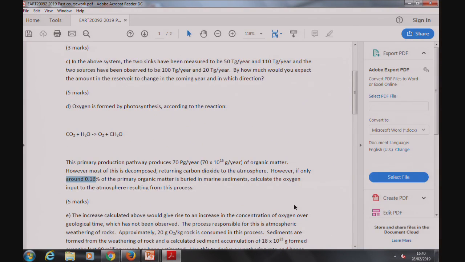So moles of oxygen, 3.73 teramoles per year. Now the question's a little bit ambiguous because you could end it there. I don't think it actually asks for the oxygen mass input into the atmosphere.